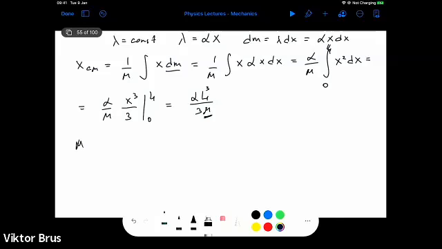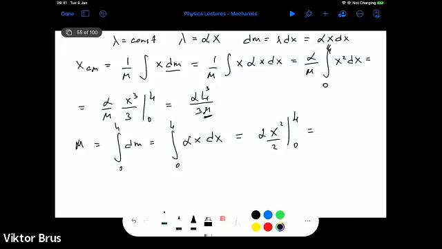So total mass is equal to the integral of dm from 0 to L. And this is integral from 0 to L of alpha x dx, equal to alpha x squared divided by 2 from 0 to L. And this is alpha L squared divided by 2.